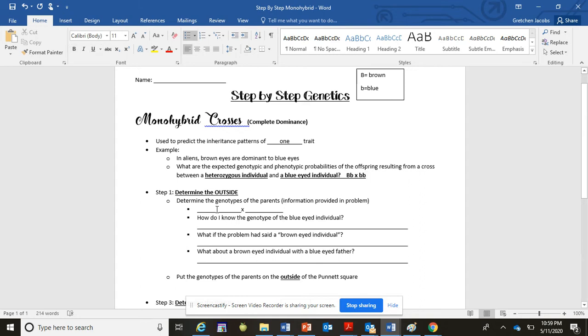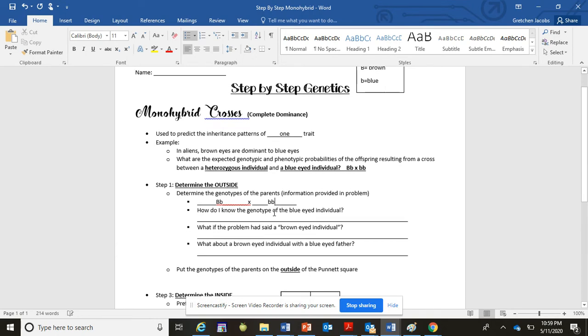The first parent is going to be heterozygous because it's telling us that they are heterozygous, and that means one of each allele. And the second individual is blue-eyed, and the only way we would see the recessive trait is if they have two recessive alleles, because if you inherit one capital B, you don't have blue eyes anymore. You now have brown eyes.